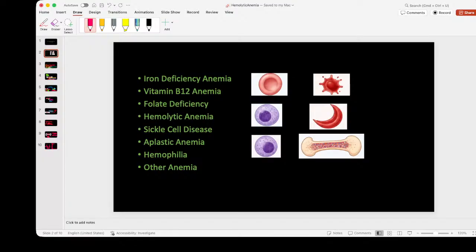And then the last one in this diagram is the aplastic anemia. It looks kind of like a bone. So we'll see more about these different processes and what happens when these types of deficiencies and anemia occur as part of the hemolytic disease.